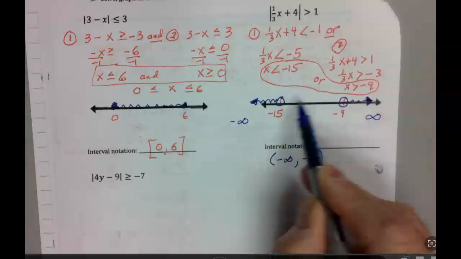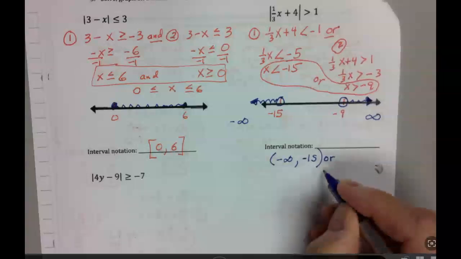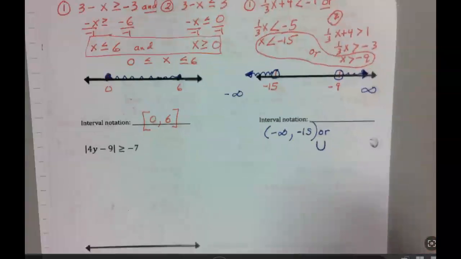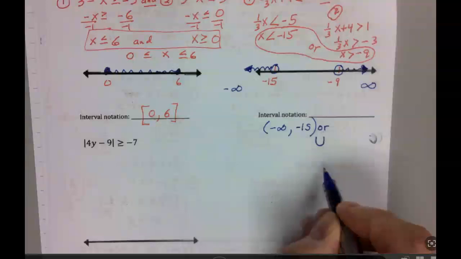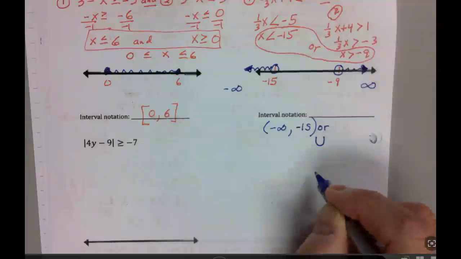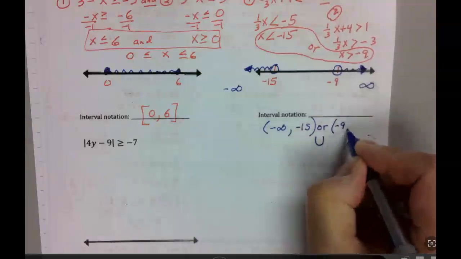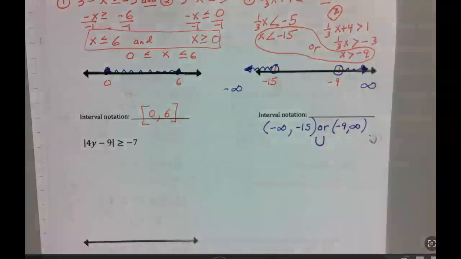Notice they're going in opposite directions, so you have to connect them with an OR. In the ACT test, they won't write OR. They'll probably write that little union symbol. Correct? But in Schoology, you do OR. Agreed? But you need to make sure you're aware of that little symbol. That means OR. And then negative 9, non-included, to positive infinity. And there it is. This makes sense?